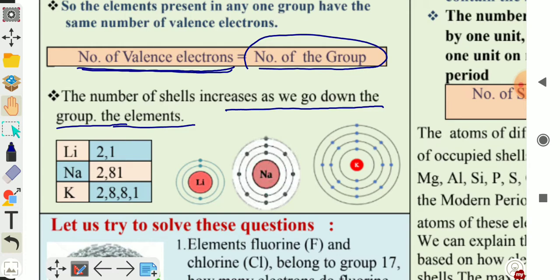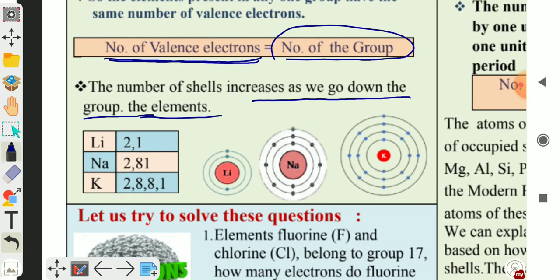Lithium contains only 2 shells, while sodium contains 3 shells and potassium contains 4 shells. So the number of shells increases as we move from top to bottom in a group.